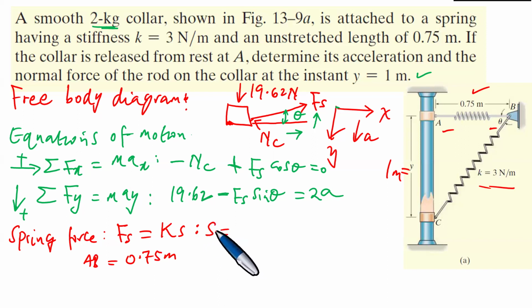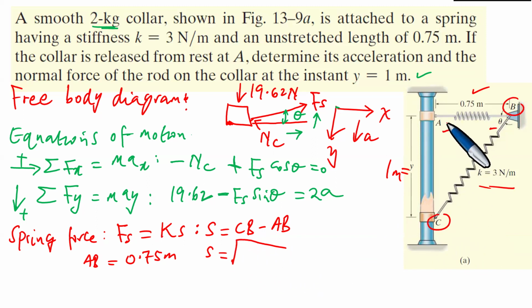What is S? CB minus AB. What is CB? Now you need to find CB; this is C and this is B, and you can use Pythagoras theorem. This is a right angle triangle, with this angle being 90 degrees here.